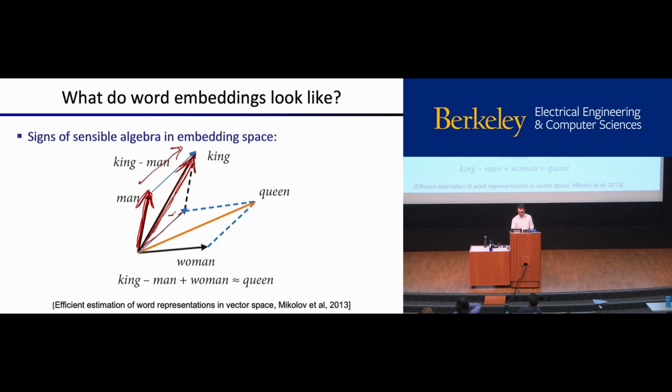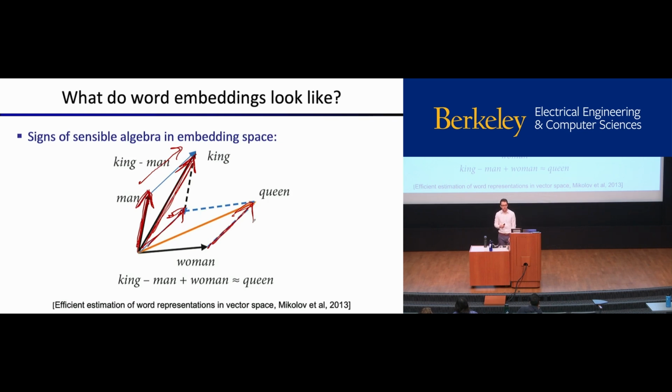If we call this the royalty axis, then we could consider: if we added this royalty to the word woman, would we get the corresponding word? And it turns out that we do. You can add this royalty vector to the woman vector and you end up with the word queen. So this works in a couple of interesting situations.